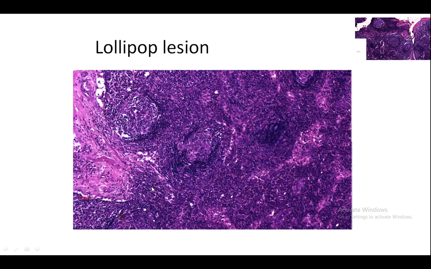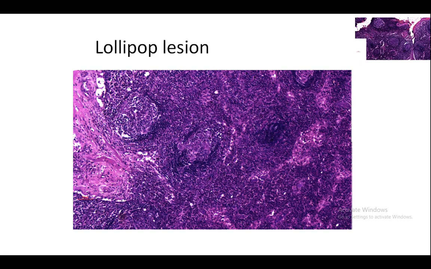It's invaded by the blood vessels, the arteries, so it loses its architecture because of that invasion. But this is a lollipop lesion that is also consistent with multicentric Castleman's disease. And generally, we can see follicular hyperplasia in the cells.